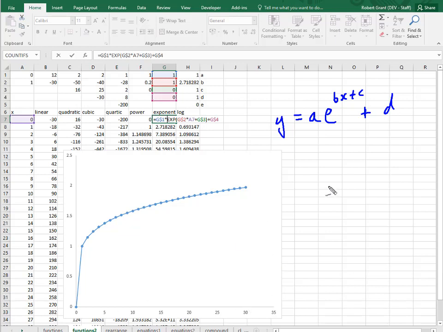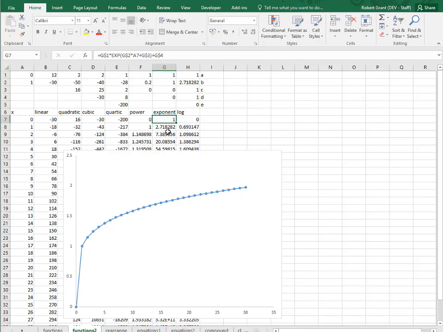Okay, let's go back to the cursor. So which one was which? That was the condensed one. This one should be a bit longer. And that's the one that moves it along.